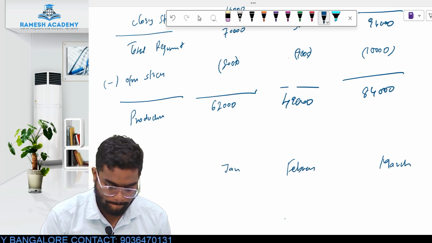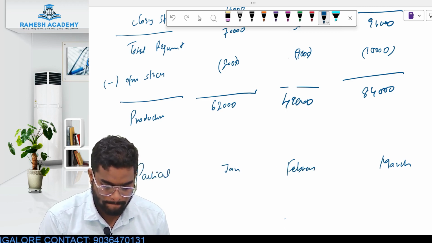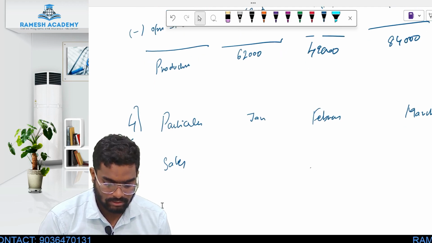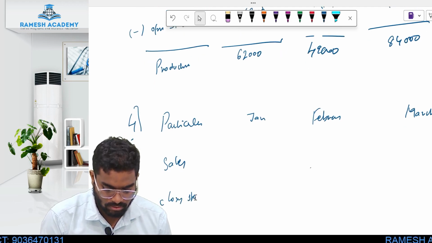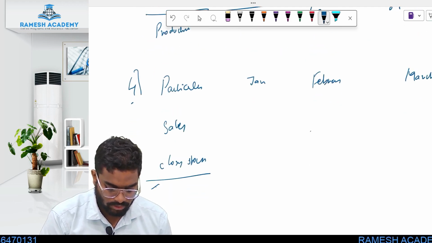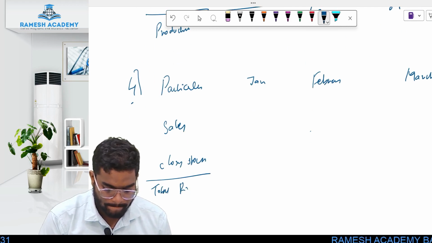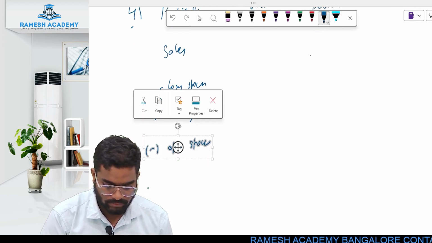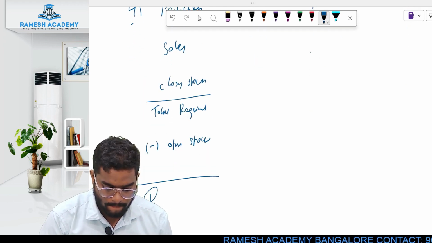So January, February and March. First we have to calculate the sales, then the closing stock, then the total requirement, then less the opening stock. Then we'll get the production budget.